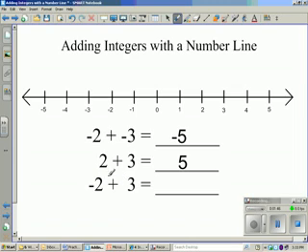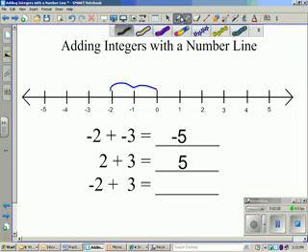Now here we have a -2 plus 3. Well, this says a -2, so that means we're going to turn left. So we start at 0 and you go 1, 2 units. Now we're going to add a move to the right because this is a +3.